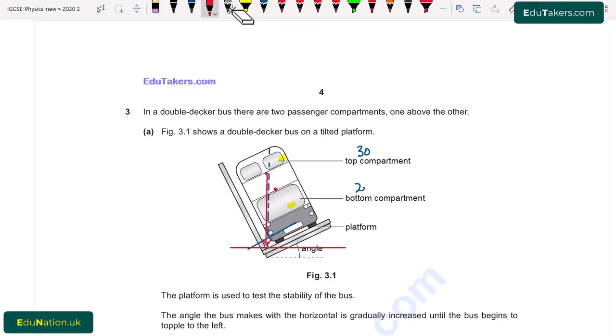So, you can see from here that the line of action does not meet the baseline of the bus. So, it's unstable and that's why it has less stability.